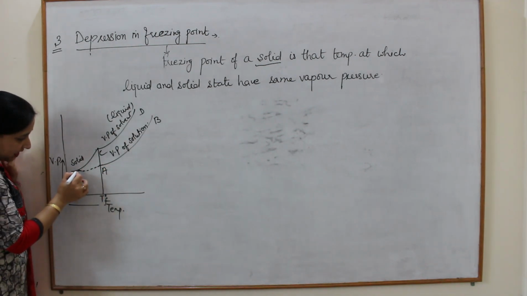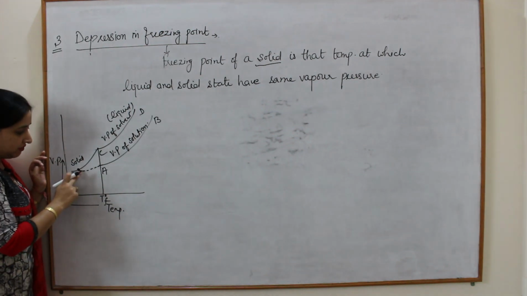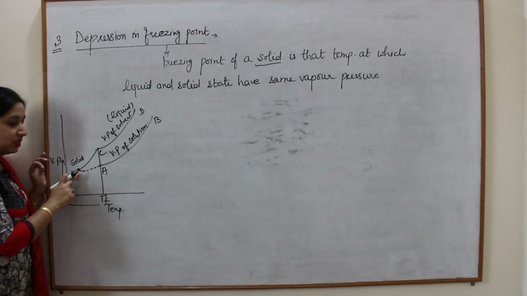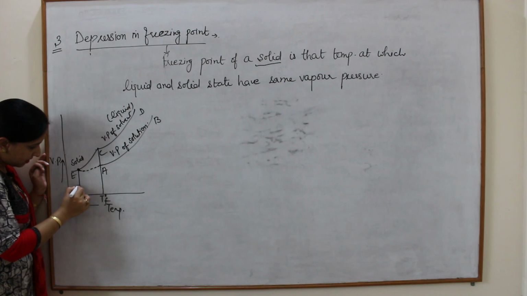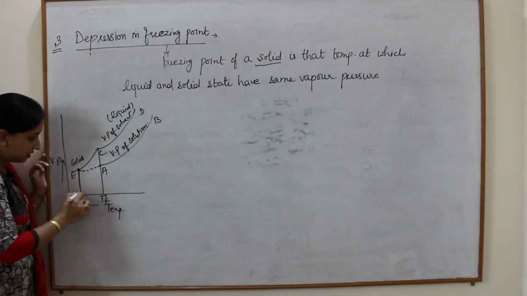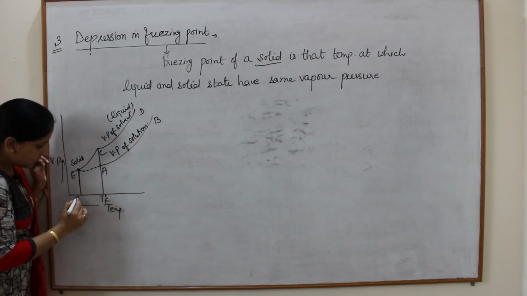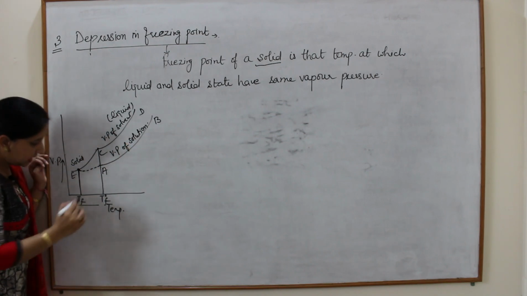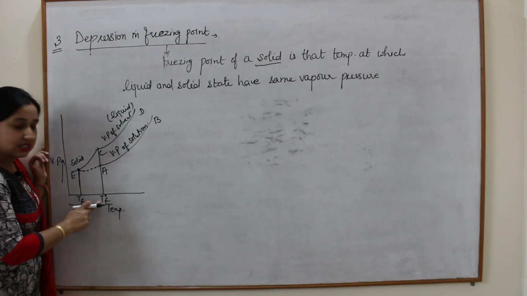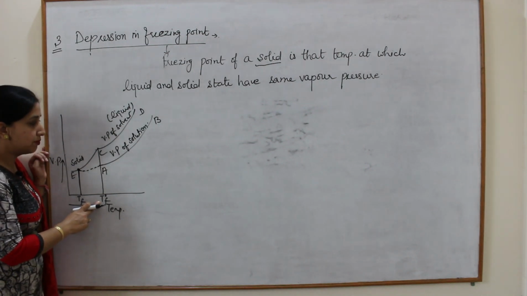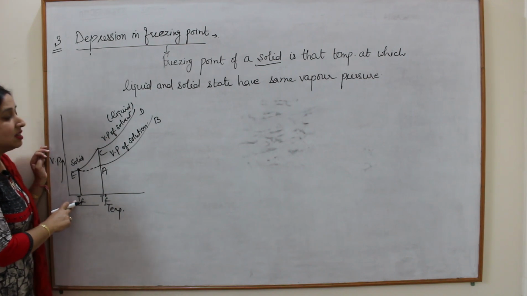When it starts freezing, then this temperature will correspond to its state when liquid as well as solid state has same vapor pressure. So this will be the temperature at which solutions start freezing. So this will be denoted as TF, freezing point of the solution. This temperature shows the freezing point of the pure solvent, and this temperature shows the freezing point of the solution.